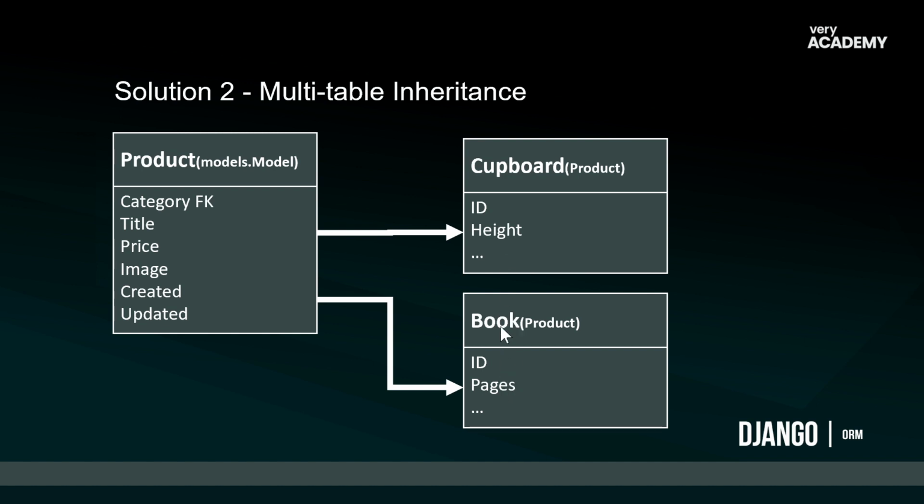So for book we want to store pages, etc., and for cupboard we would want to store height and width and so on. So in this pattern, we're going to create 3 tables: the product table, cupboard table, and book table.